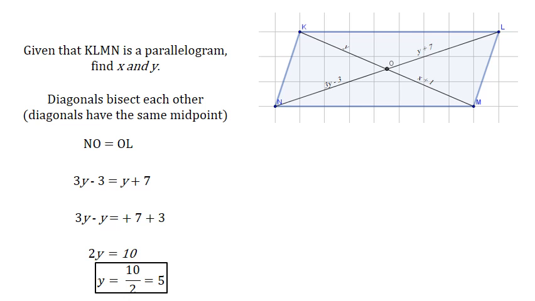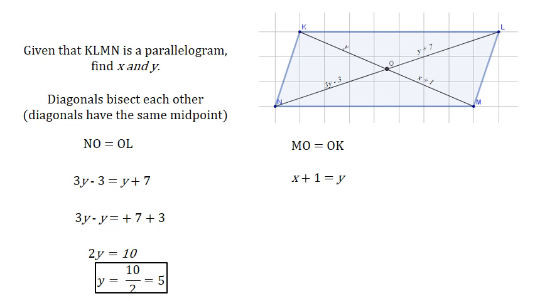So we obtained 5. Now we want to find the value of x. So I will take the other equality. It says that MO equal OK, because O is the midpoint of the other diagonal KM. So MO is x plus 1, and OK is y.